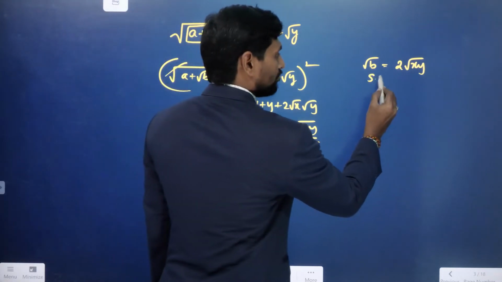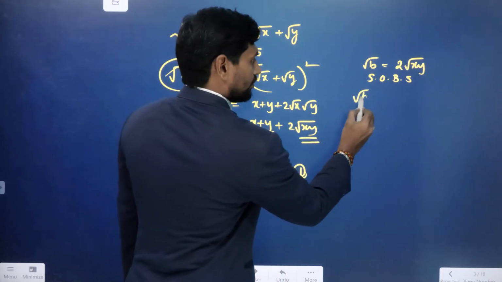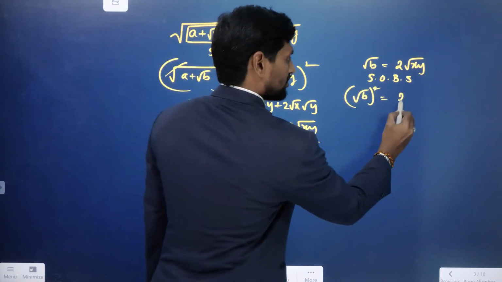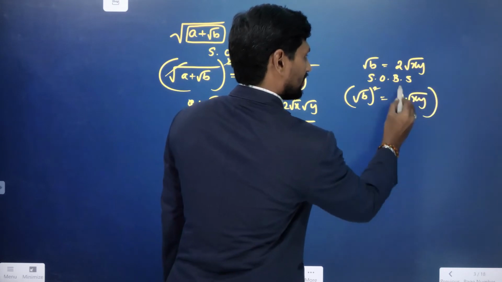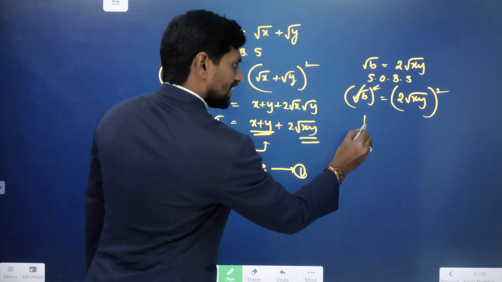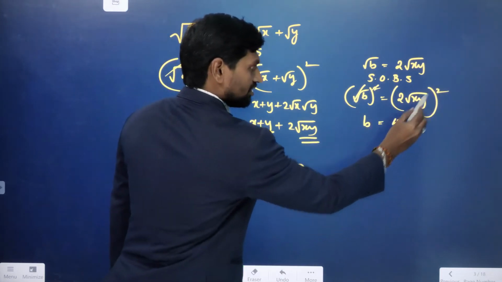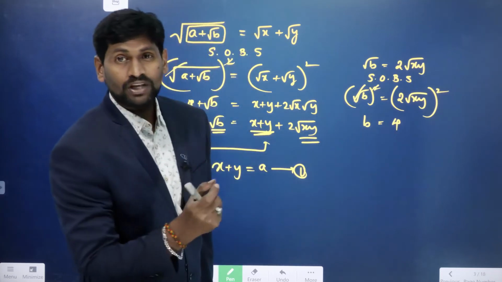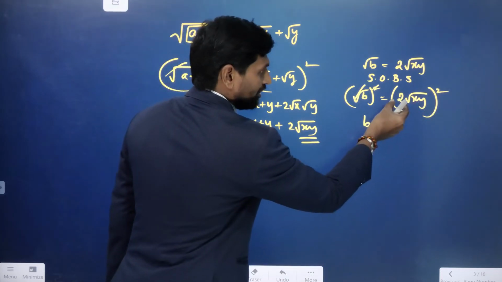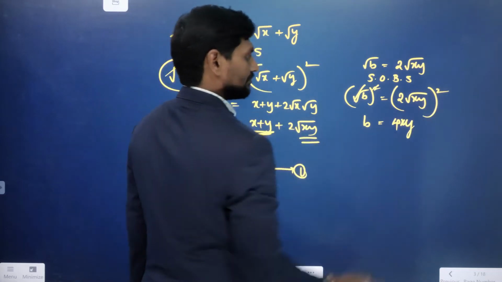Let us square on both sides again. Now it will be root b whole square equals 2 into root xy whole square. Here square and root cancel, the answer is b. Here 2 square becomes 4, because the square should be applicable for both the number as well as the surd. That is 4xy.